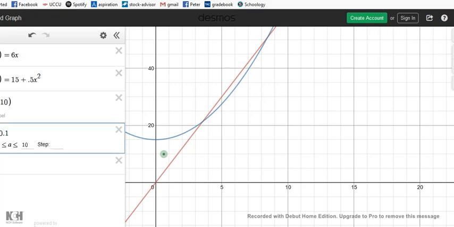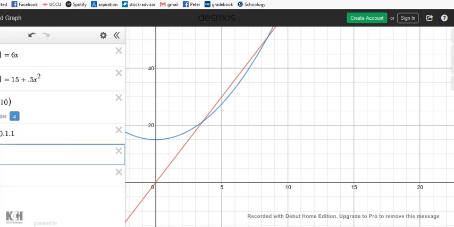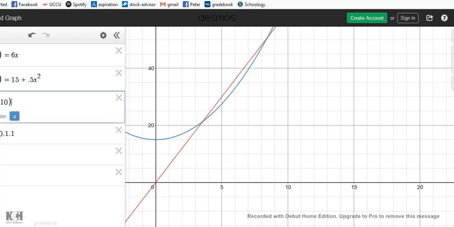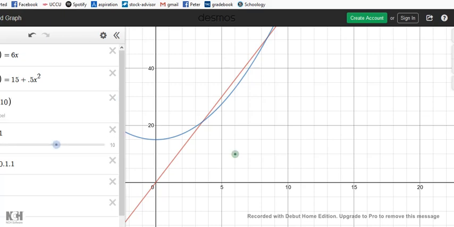We want a to be 0 to 10. And let's step 0.1. That's my slider. Let a go from 0 to 10, and we're going to step 0.1. Okay, play it. Whoa.